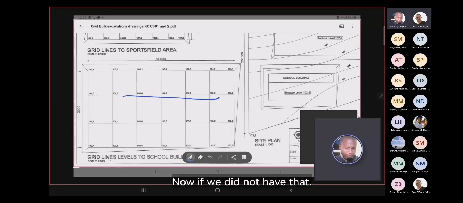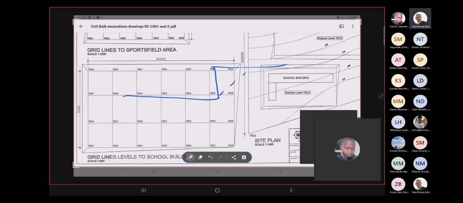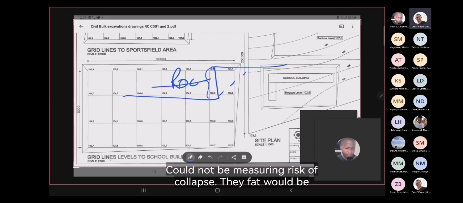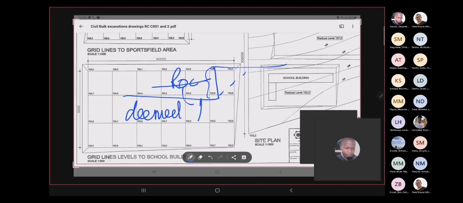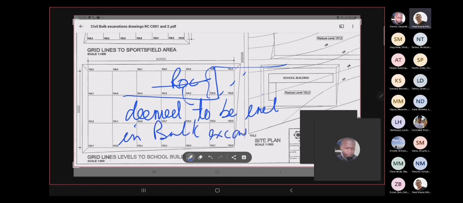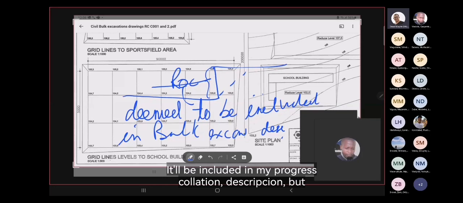Now, if we did not have that, we would not be measuring risk of collapse there. That would be deemed to be included in my bulk excavation description. It'll be included in my bulk excavation description.